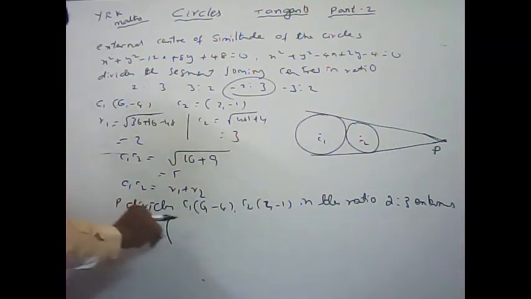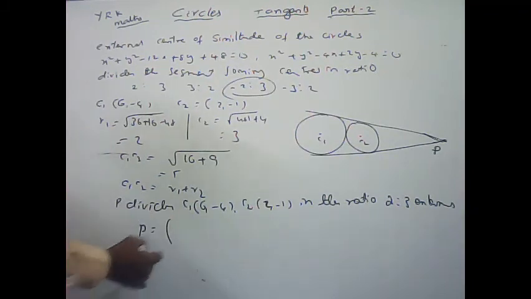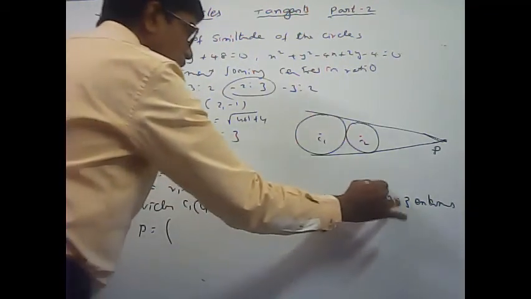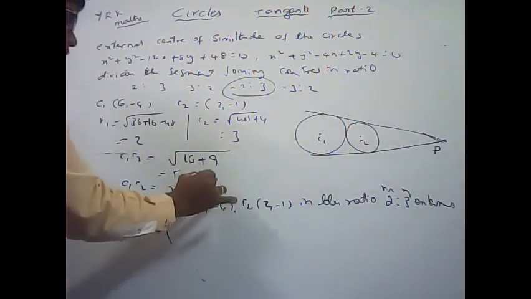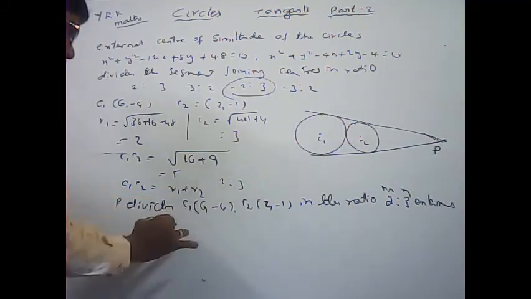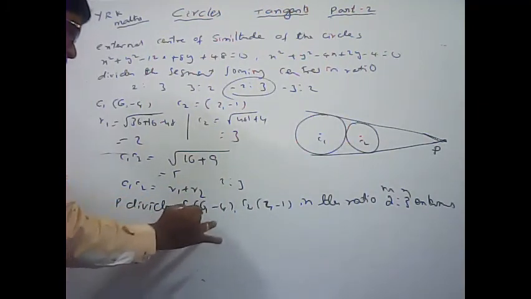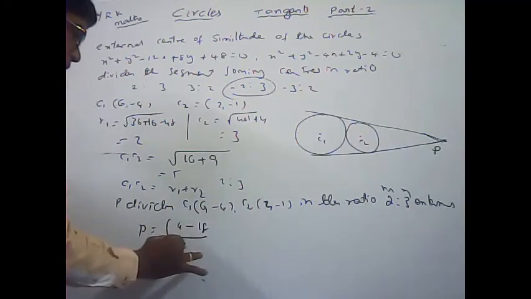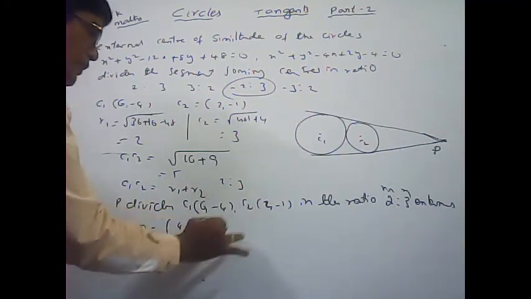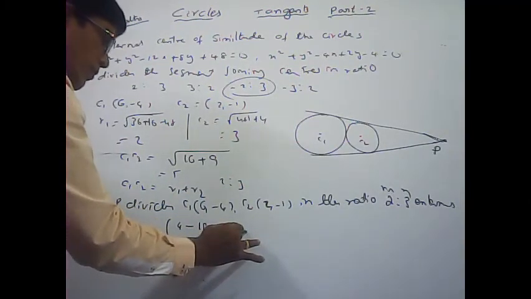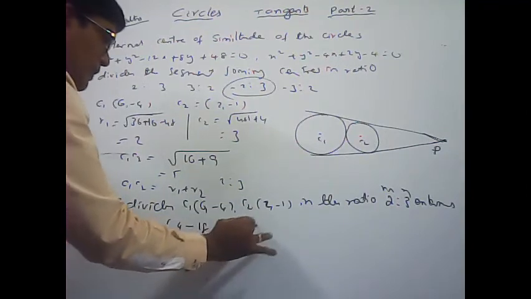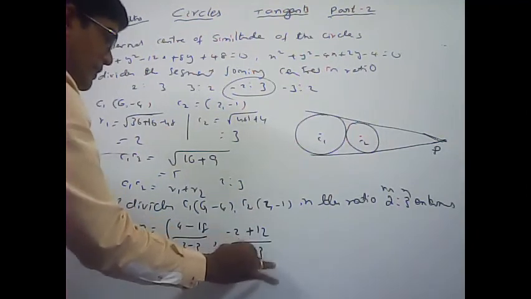Whatever the external point of similitude, here this is m, this is n, 2:3. It is (mx2 minus nx1) by (m minus n), and (my2 minus ny1) by (m minus n).